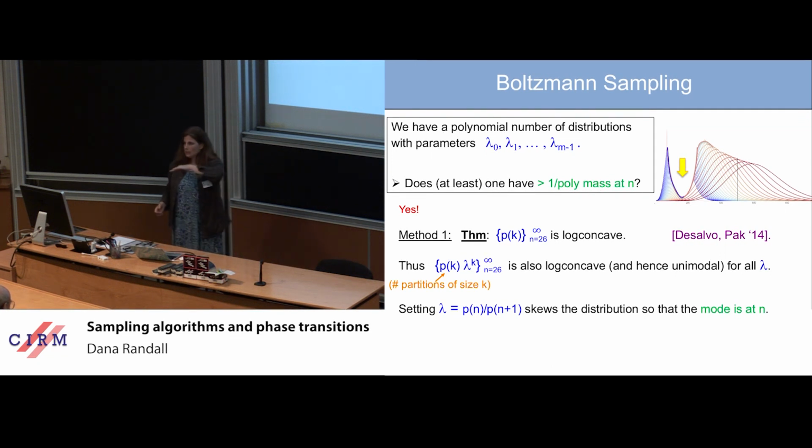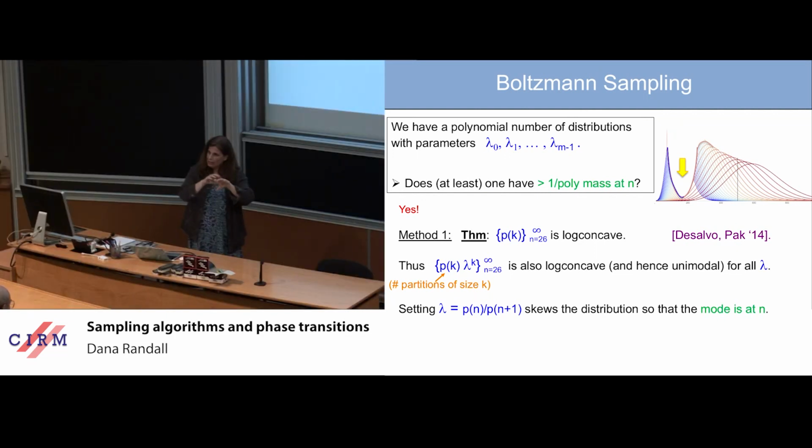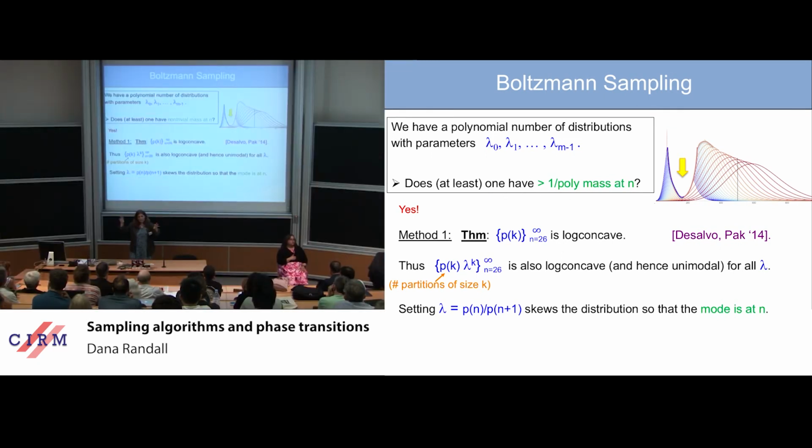So the Pk series is log concave, and that means that if I look at the distribution of my Boltzmann sampler, which is Pk times lambda to the k, Pk plus 1 times lambda to the k plus 1, and so forth, that biased distribution is also log concave. If I multiply together lambda to the k minus 1 and lambda to the k plus 1, that's equal to lambda to the k squared.